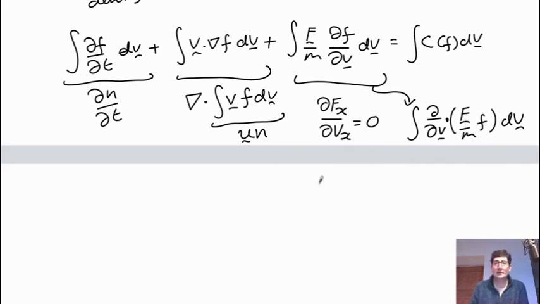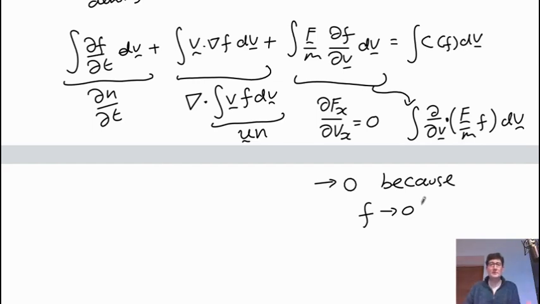This section goes to 0 because f goes to 0 at the limits. So if you're doing the surface integral in velocity space, you can push the surface to as large a velocity as you like, and so f goes to 0. This is for the magnitude of the velocity going to infinity.